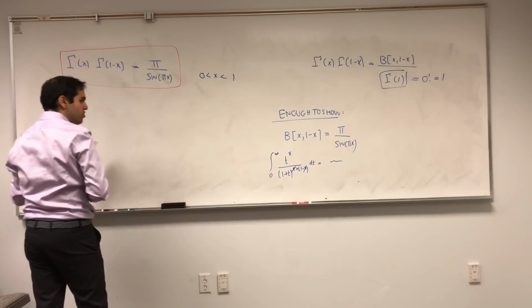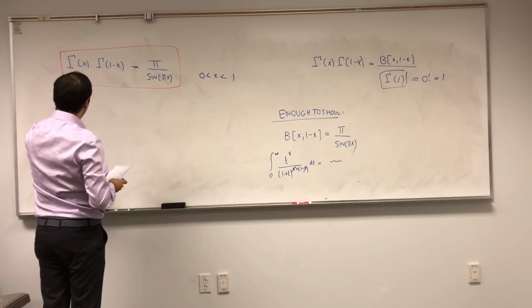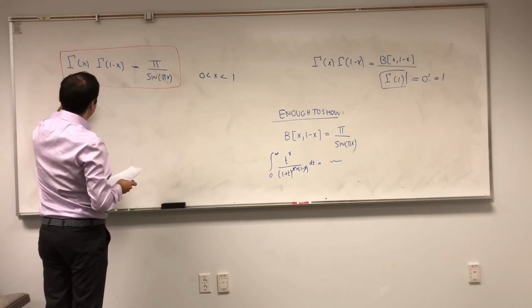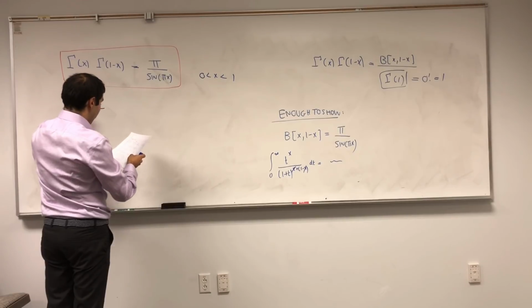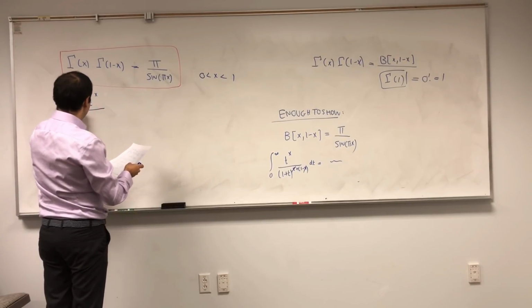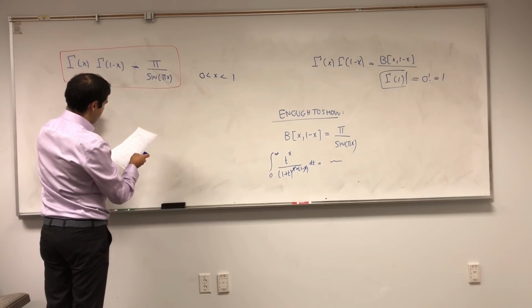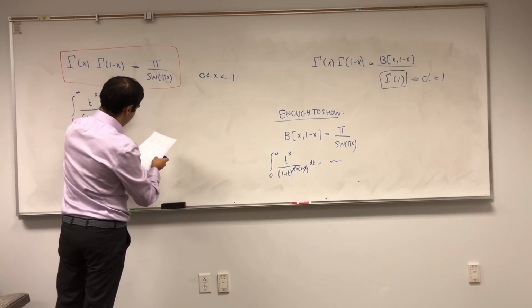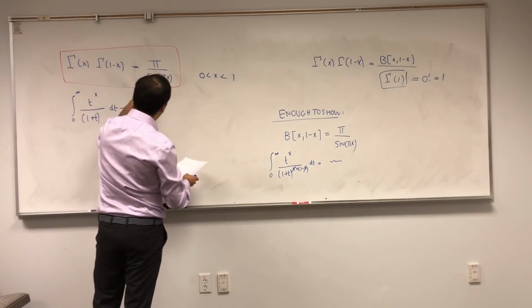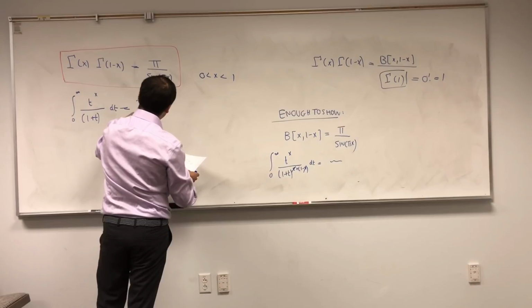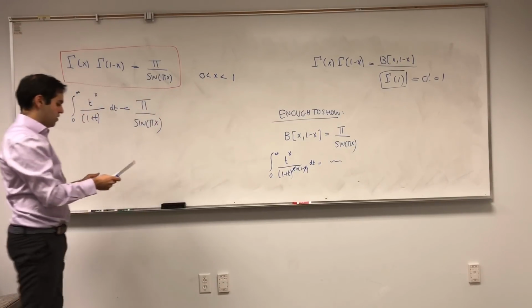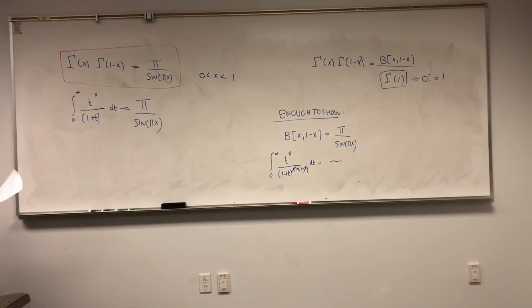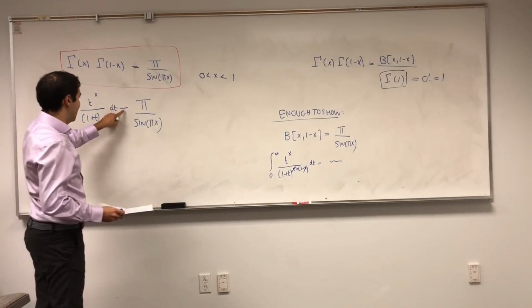We have to show that the integral from 0 to infinity of t to the x minus 1 over 1 plus t dt equals pi over sine of pi x. This is really our goal for today.